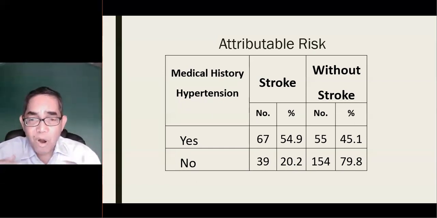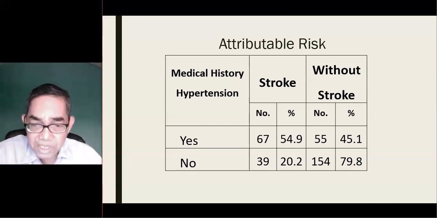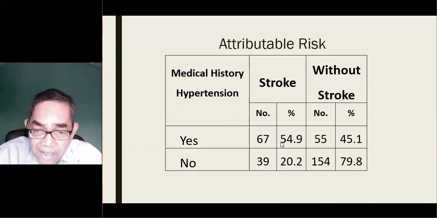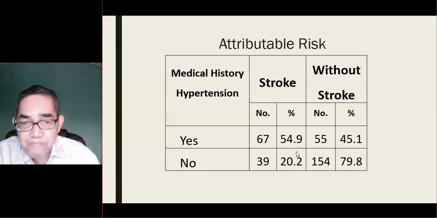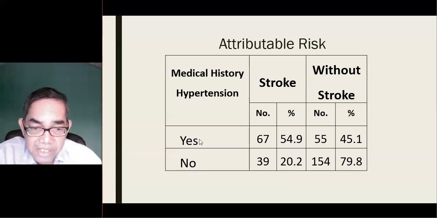And when we talk of attributable risk, we just have to deduct the incidence of the disease in the unexposed from the exposed. So 54.9 minus 20.2. What remains is attributable to medical history of hypertension alone.